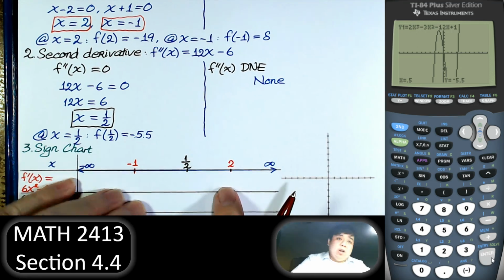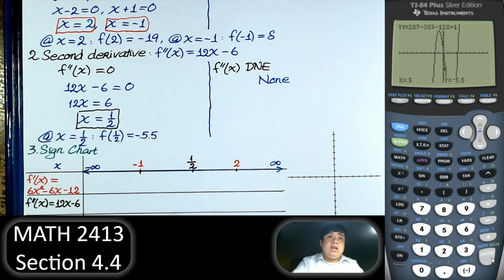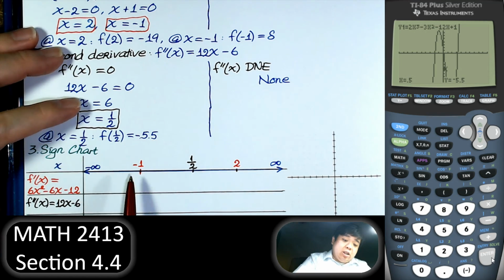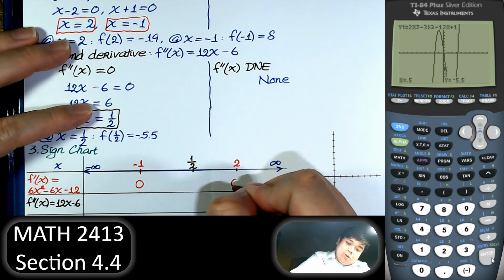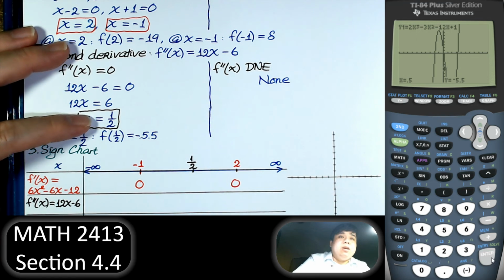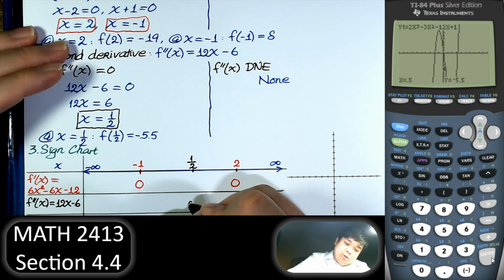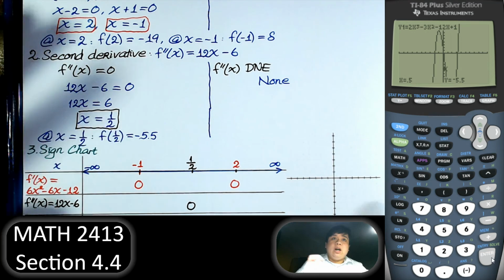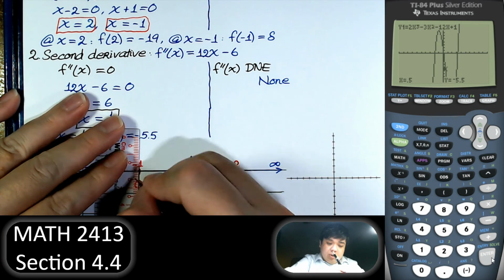So negative 1 and 2 come from the first derivative, and 1/2 comes from the second derivative. When x equal to negative 1, the derivative equal to 0. And when x equal to 1/2, the second derivative equal to 0. So those are the partition numbers for the first and the second derivative, because we will make the table.